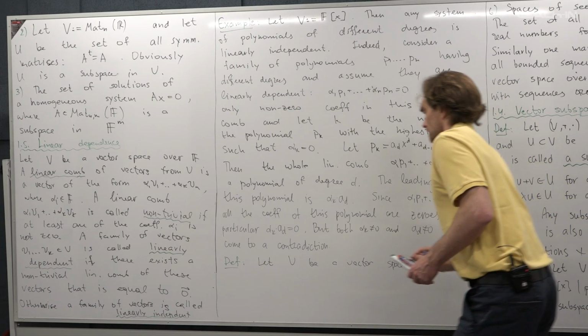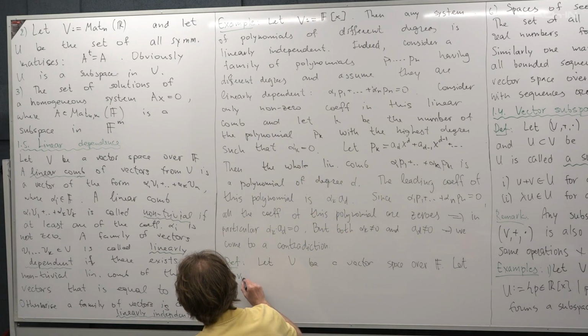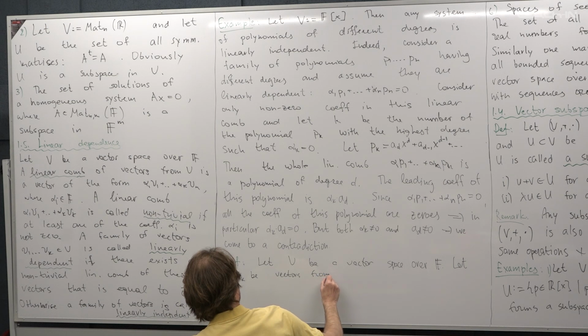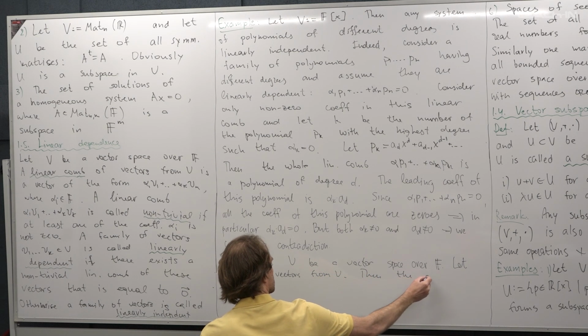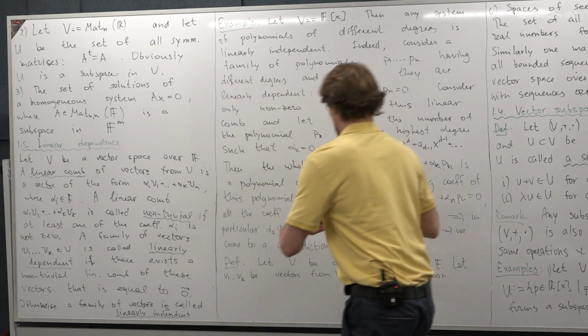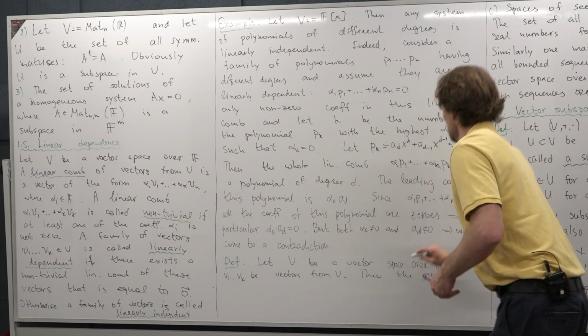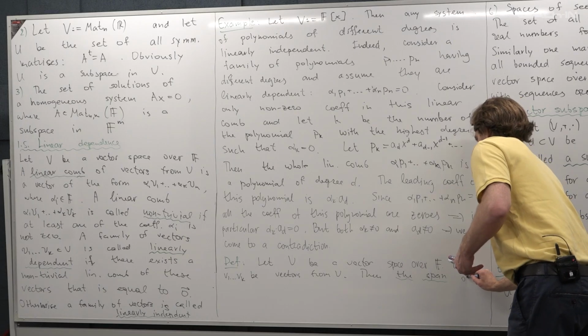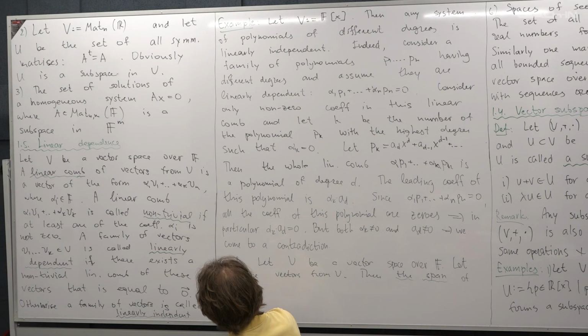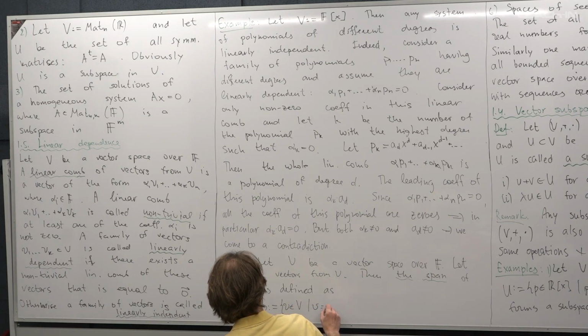So let V1, etc., Vk be vectors from V. Then the span of this family is defined as the set of all vectors from V such that V has the form alpha 1 times V1 plus etc. plus alpha sub k times V sub k.